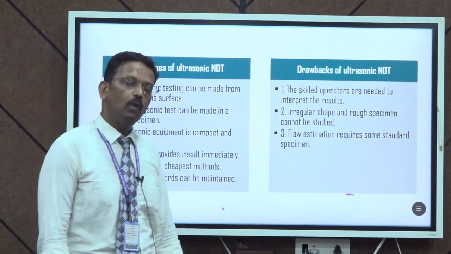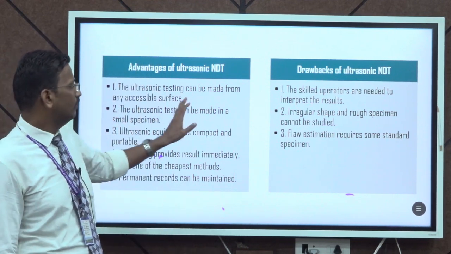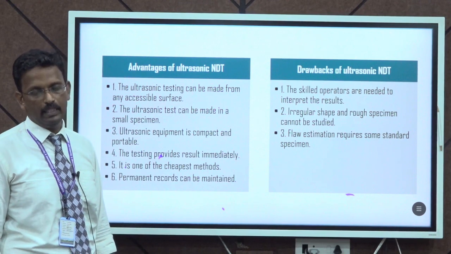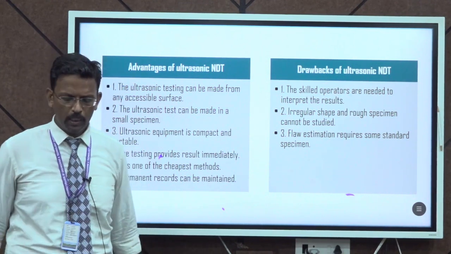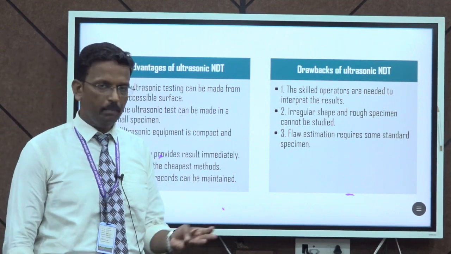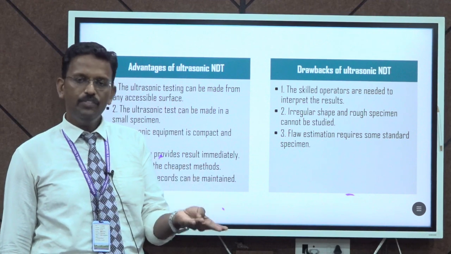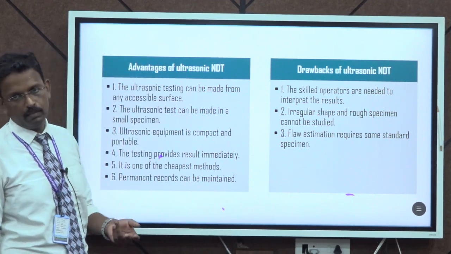Now, I would like to show you the basic advantages and disadvantages of the NDT method. As you know very well, the circuit of this NDT is very simple and very cheap compared to the other types of detection methods.